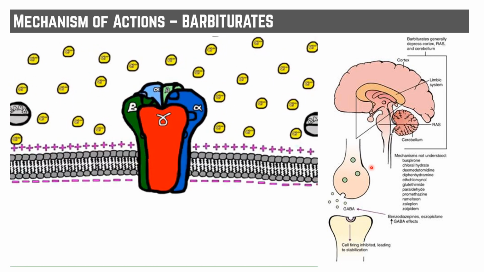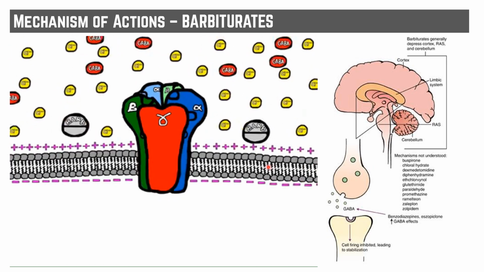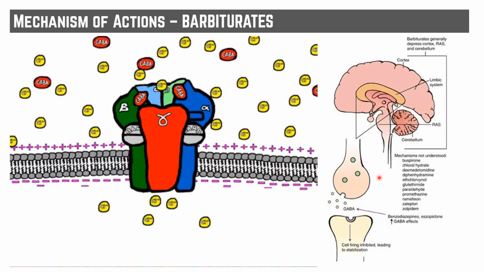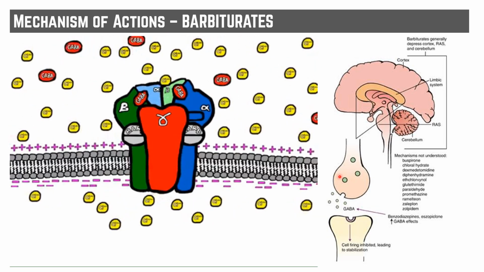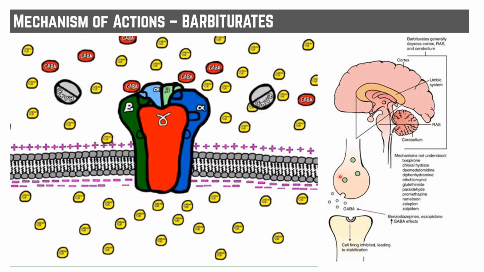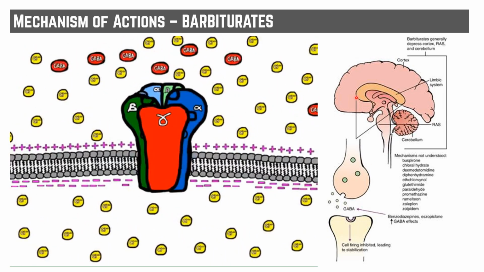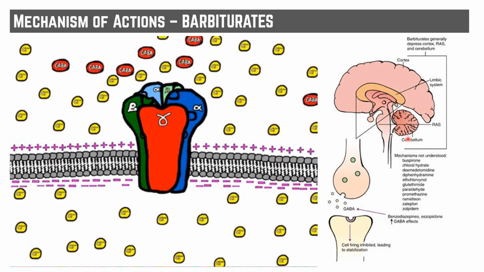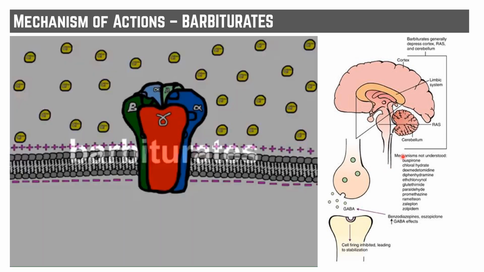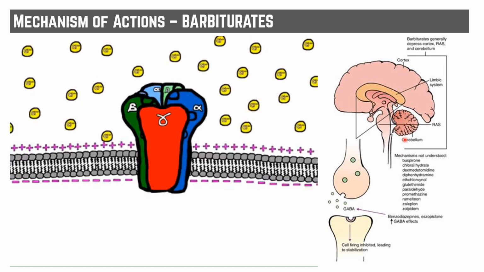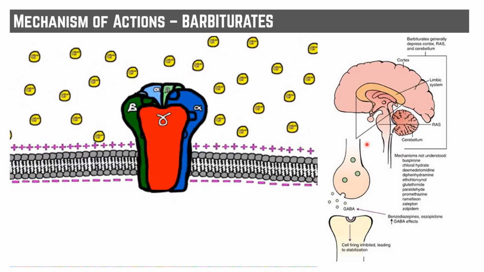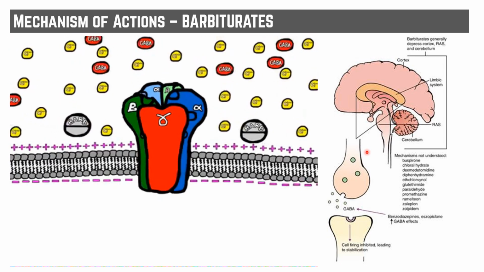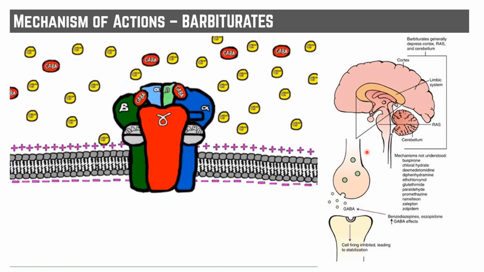At higher doses, barbiturates mimic the effect of GABA and inhibit the release of calcium ion-dependent neurotransmitters. As a result, barbiturates cause non-sedative CNS depression. For instance, it will result in inhibition of neuronal impulses in the reticular activating system. As in last week's lecture, the reticular activating system is a set of connected nuclei in the brain that are responsible for regulating wakefulness and sleep-wake transition.